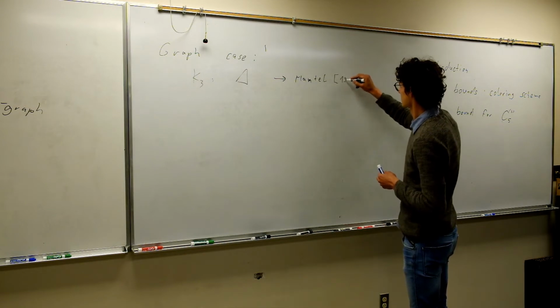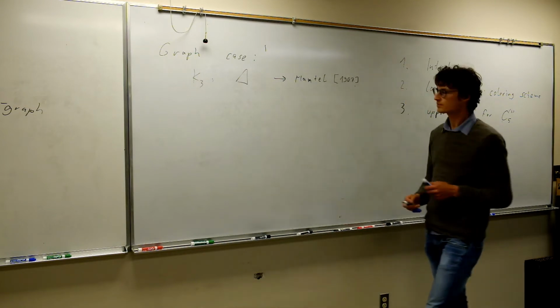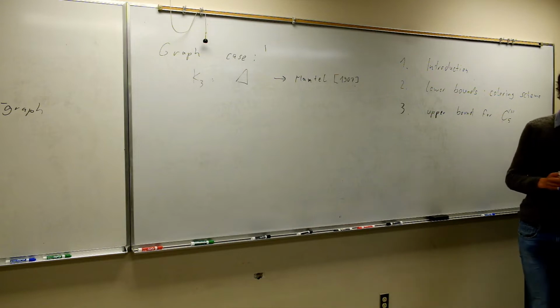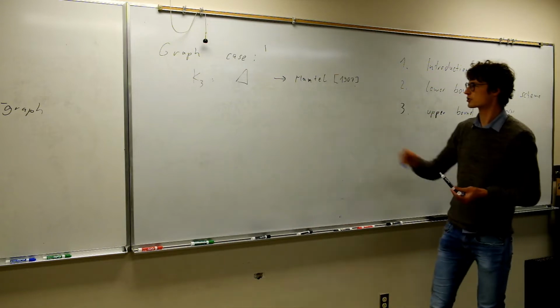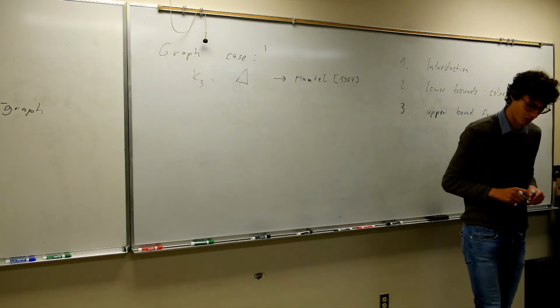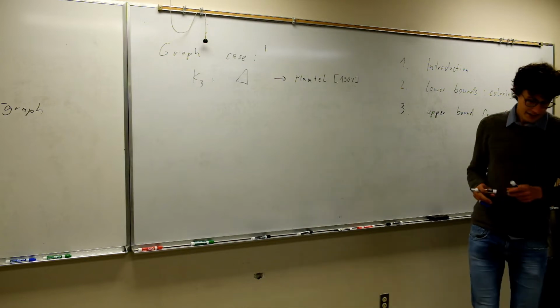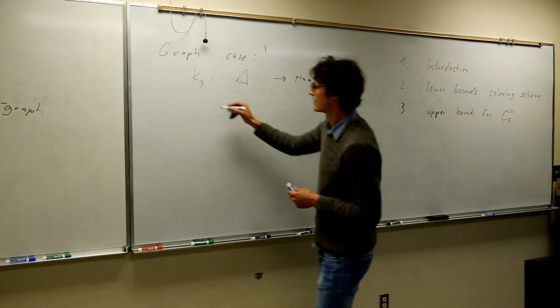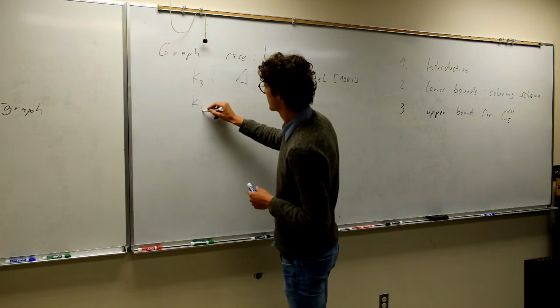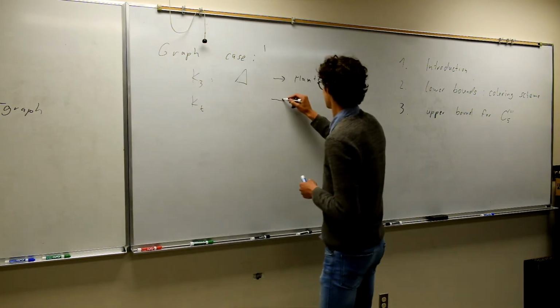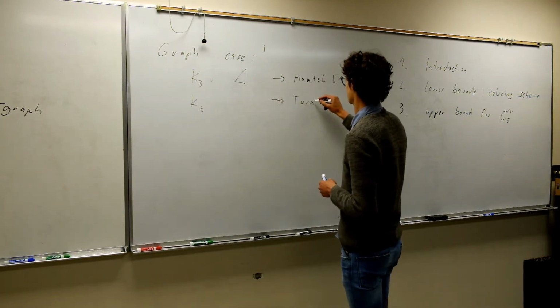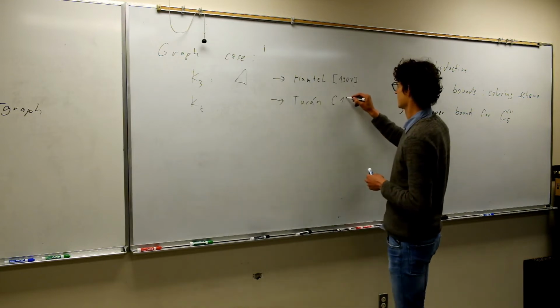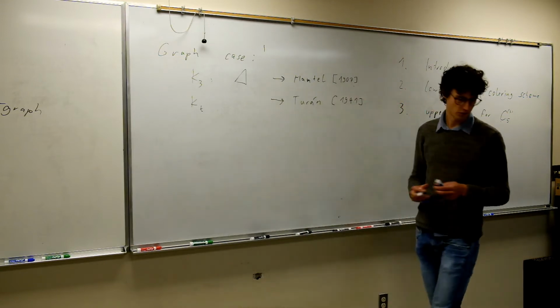So you see it's quite an old problem, and first solutions reach back more than 100 years. In the general case of K_t, it's solved by Turán, and therefore the name. It's done in 1941.